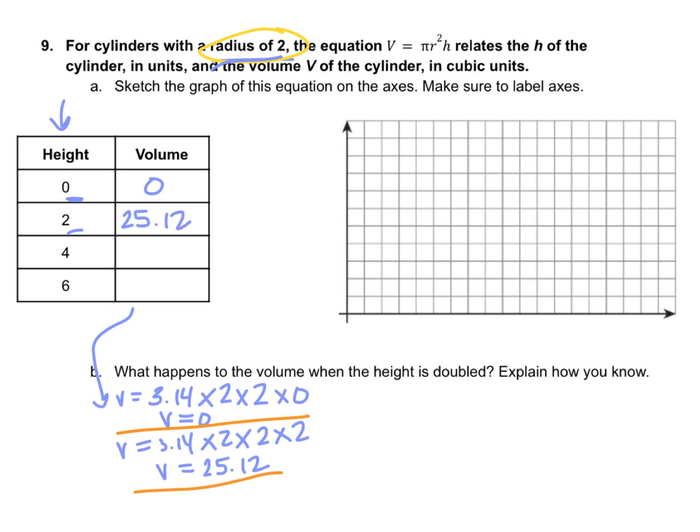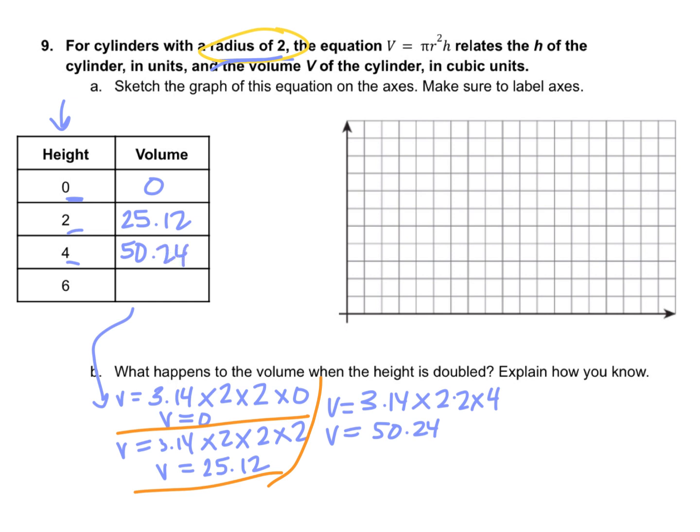Okay, now I'm going to continue with, this time the height is 4, so V equals 3.14 times 2 times 2, because the radius is always 2, but now my height is 4. And that gives me 50.24.